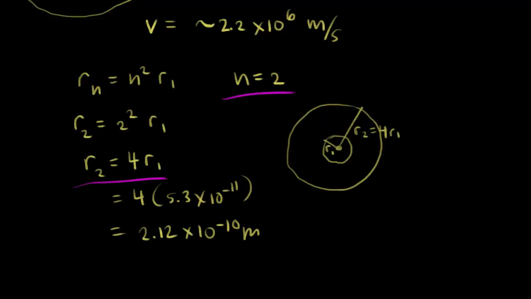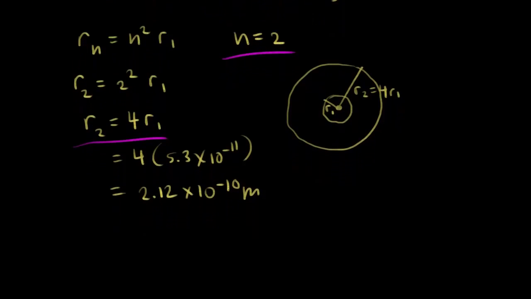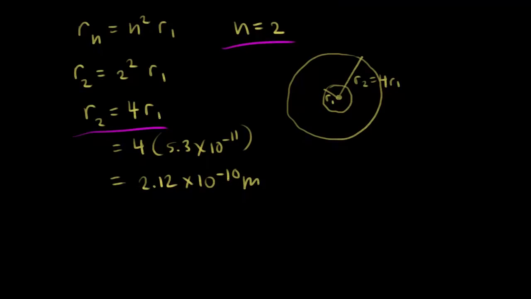Let's do one more. When n is equal to 3, this radius would be equal to 3 squared times r1. Once again, we're just taking 3 and plugging it in here. 3 squared is, of course, 9, so our next allowed radius would be 9 times r1.